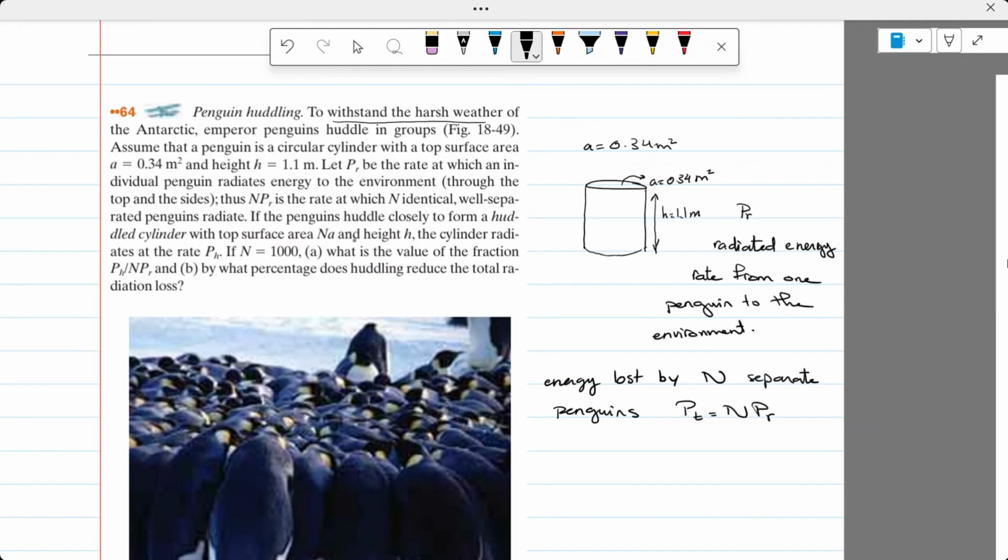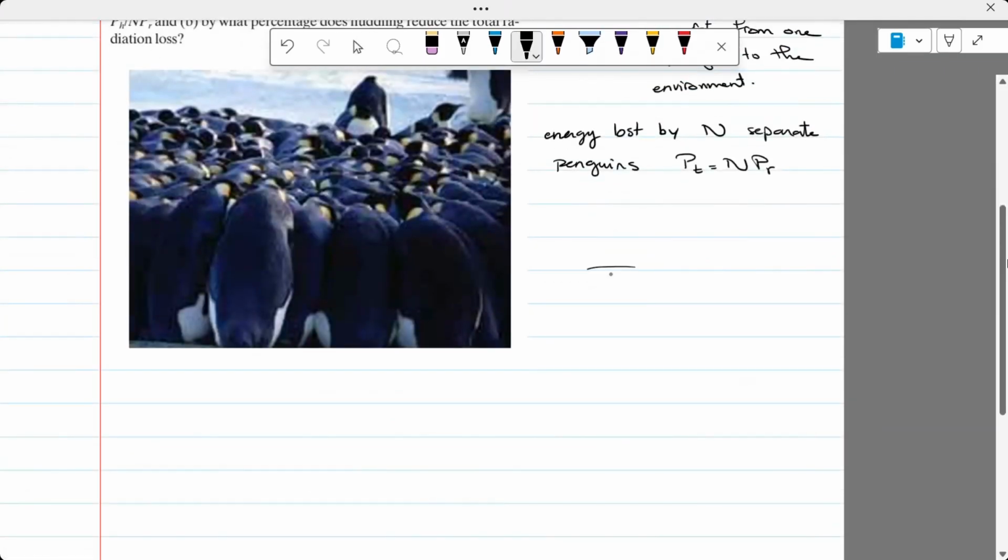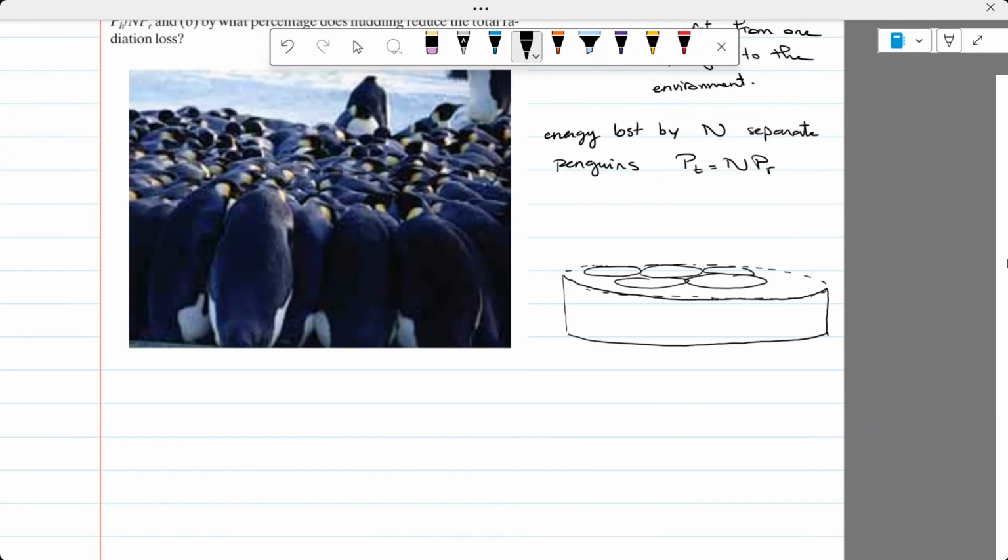Now, if the penguins huddle closely to form a huddled cylinder with top surface area NA and height h, the cylinder radiates at the rate PH. So now the penguins are huddled together, so it's as if all of the cylinders are standing together, and we consider them to be forming one big cylinder of the same height as the separate cylinders, but the top and bottom areas are going to be more.